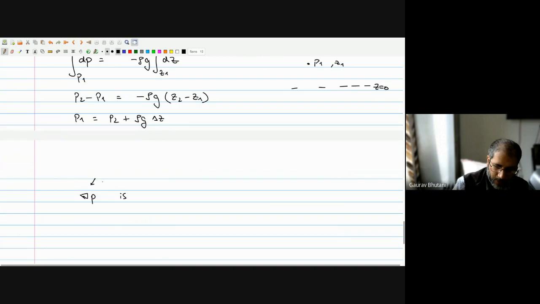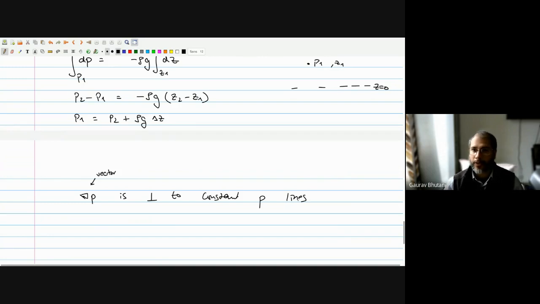So this grad P is a vector. So this vector is perpendicular to the constant P lines. So this I won't do. I mean, you can do it mathematically, and you will probably learn that as a part of electrodynamics course. In case you do not, then let me know. Then we'll do it in some extra class.